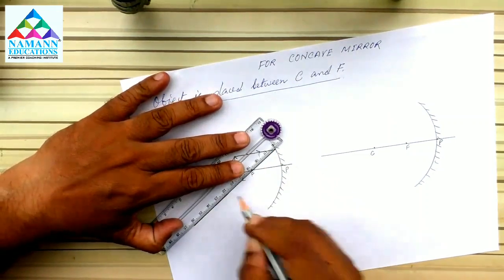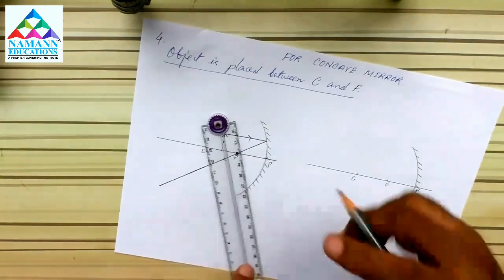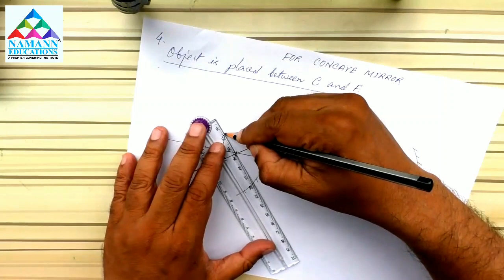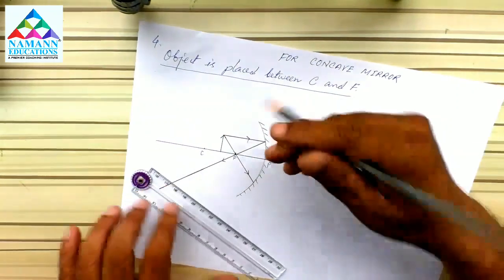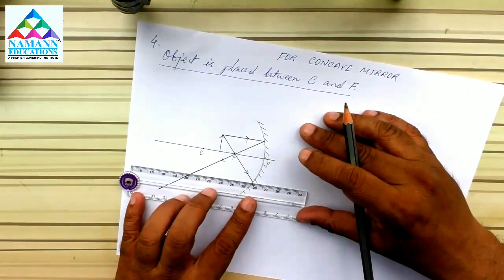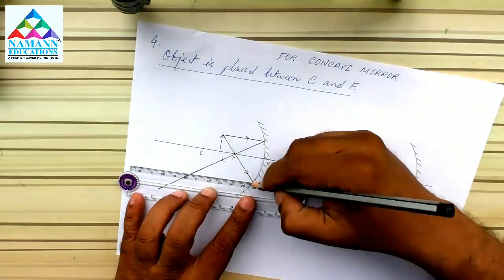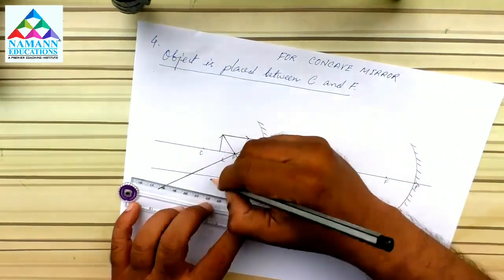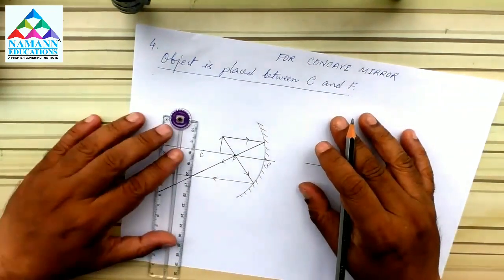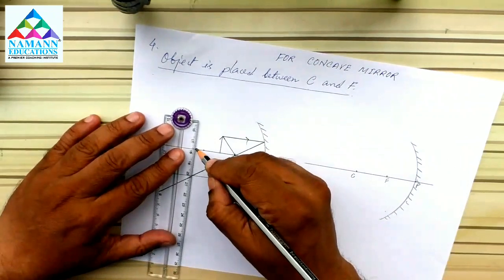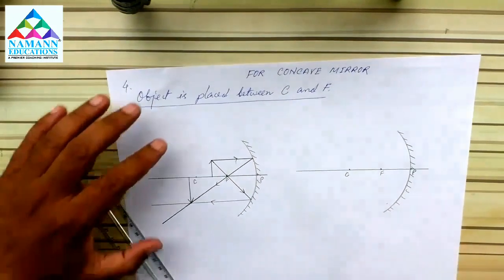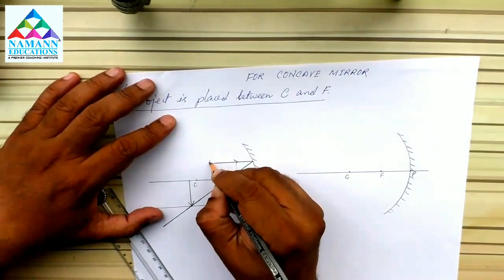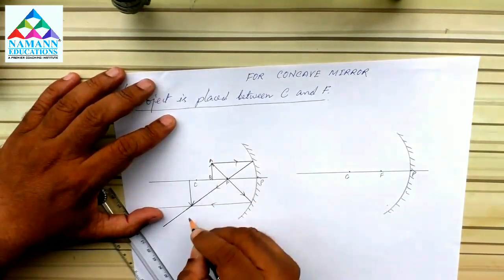And a ray of light incident after passing through focus, according to the rule, this light ray will become parallel to the principal axis. And the image is formed beyond center of curvature. You can see here, if AB is the object, A dash, B dash is the image.